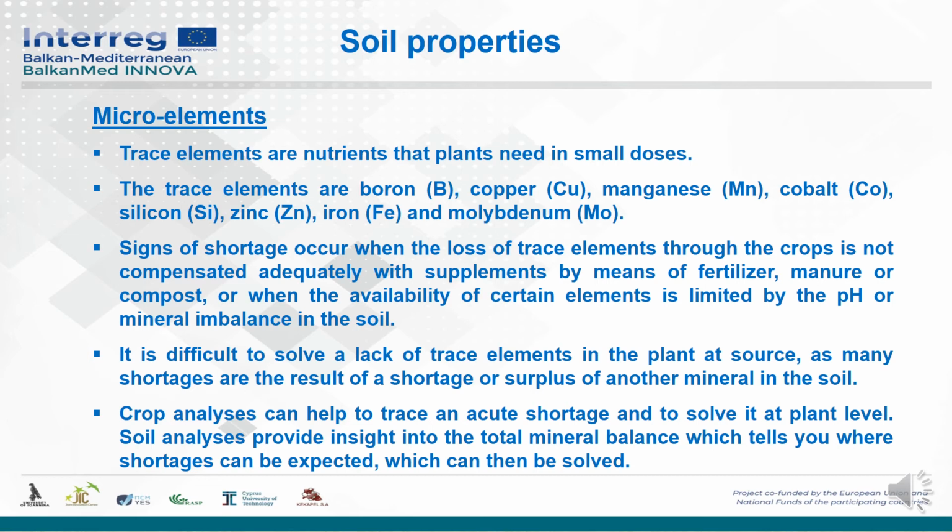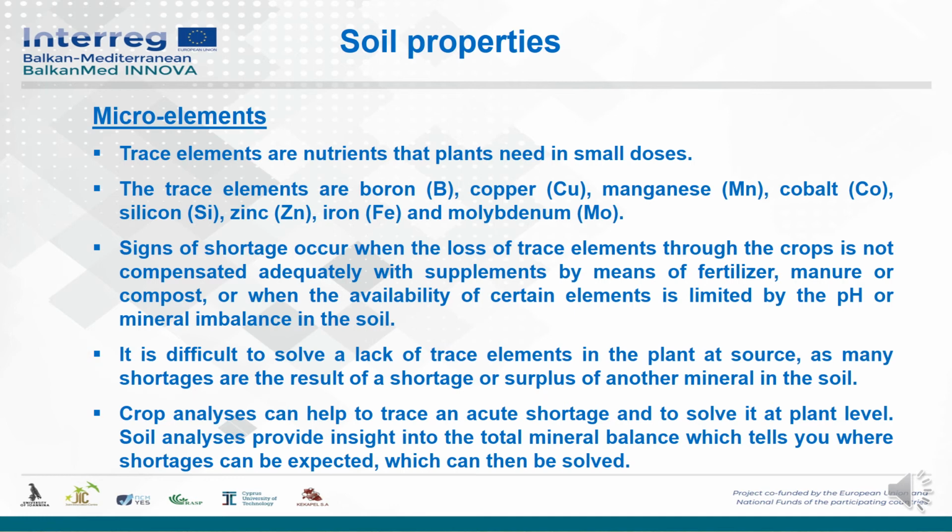Signs of shortage occur when the loss of trace elements through the crops is not compensated adequately with supplements by means of fertilizer, manure, or compost, or when the availability of certain elements is limited by the pH or mineral imbalance in the soil.